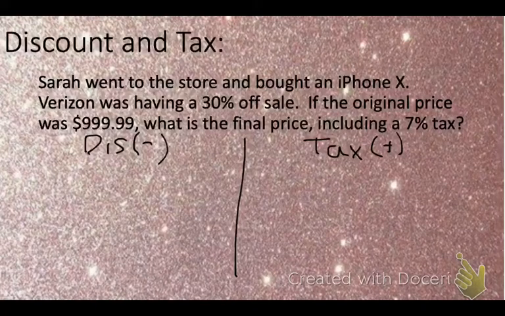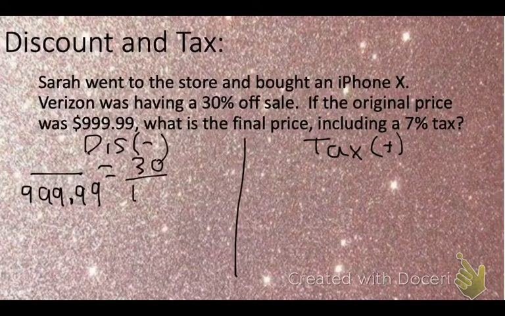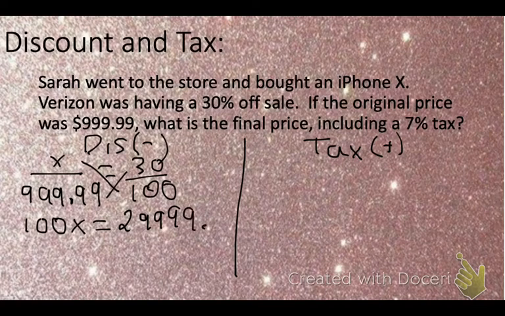So we're going to start with discount. So the total price was $999.99. Okay, and we know that it's 30% off, so 30 over 100 equals x. Okay, when we cross multiply, we get 100x equals 999.99 times 30, which is 29999.7.